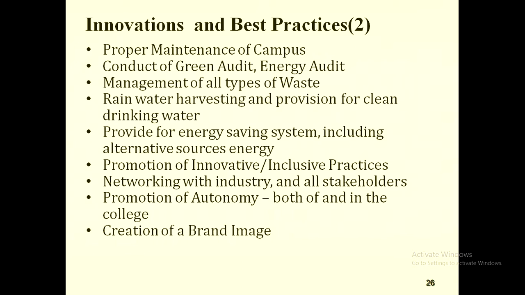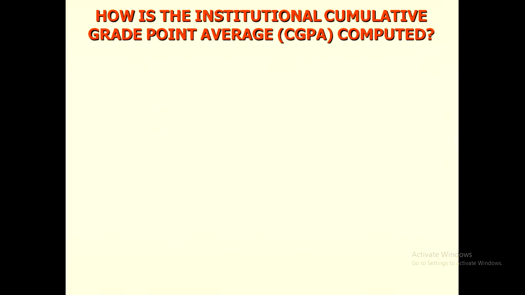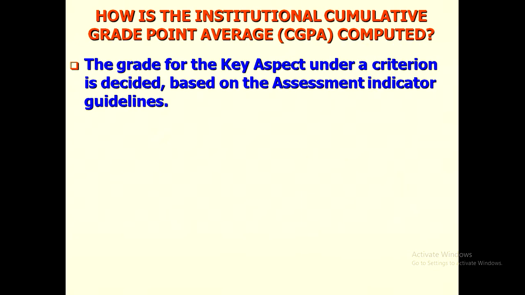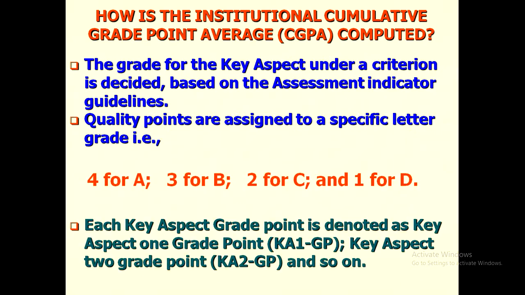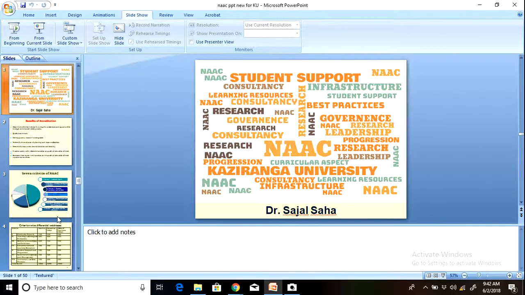Both of these are not required for the creation of the brand image. And this is the procedure of getting the marks, how the marks are being evaluated. So I am not going into this procedure.